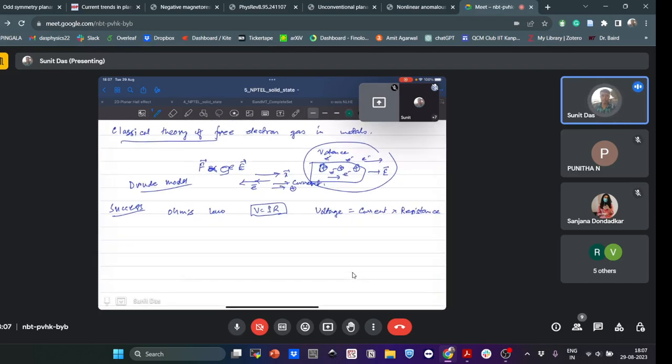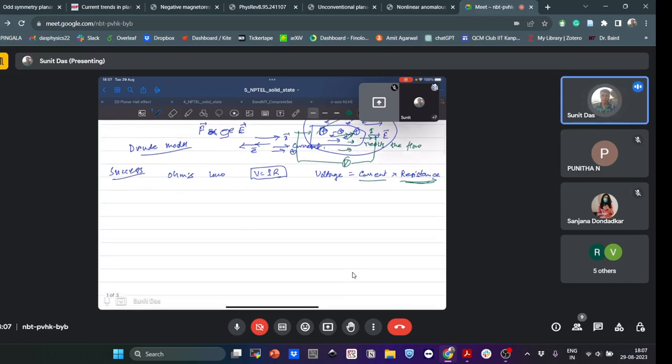Suppose this electron goes this way, and this electron also goes this way, and then they scatter with each other. That somehow stops or resists the flow, creating a hindrance to conducting electricity, which is manifested in terms of resistance. And current is basically what we are driving in the system by applying an external voltage. So V, and this will be I, and the metallic system resistance will be R. So this is one of the successes.